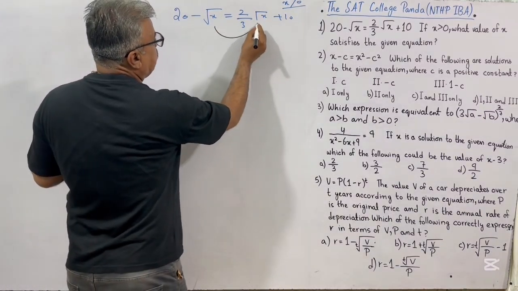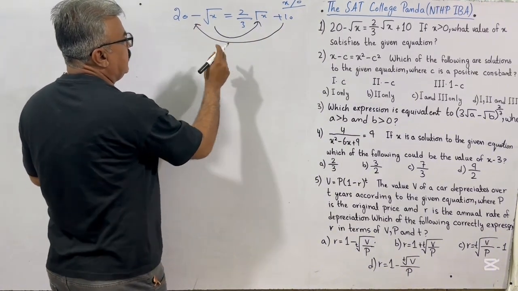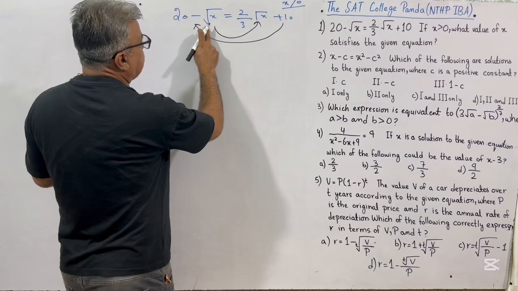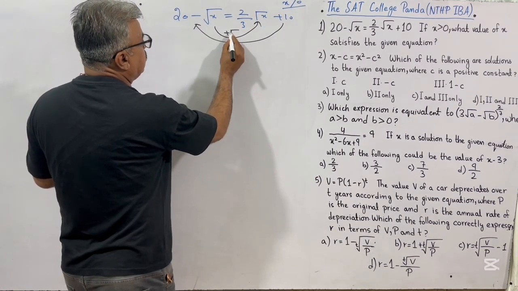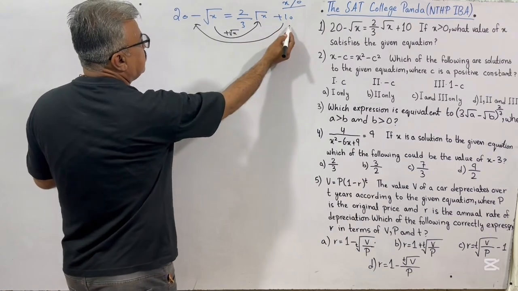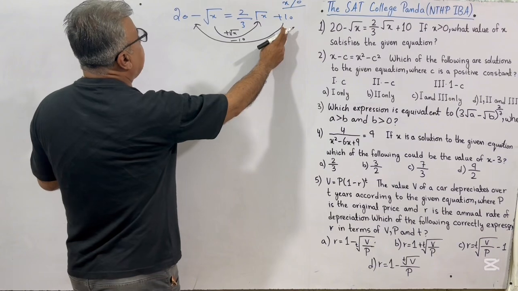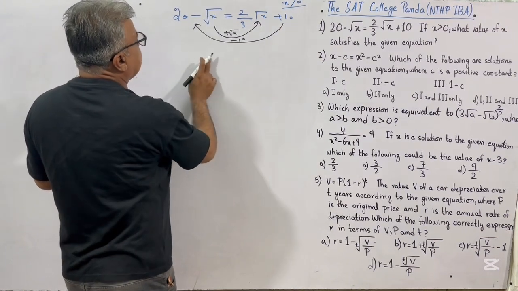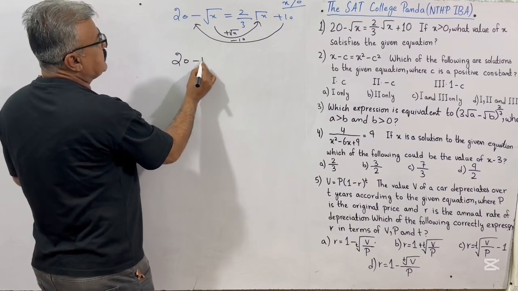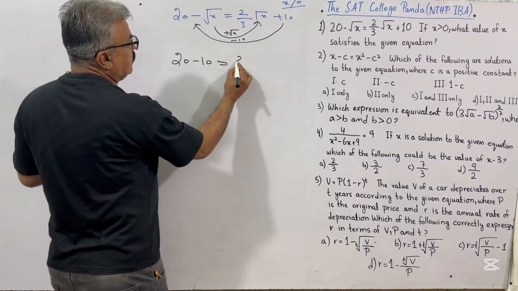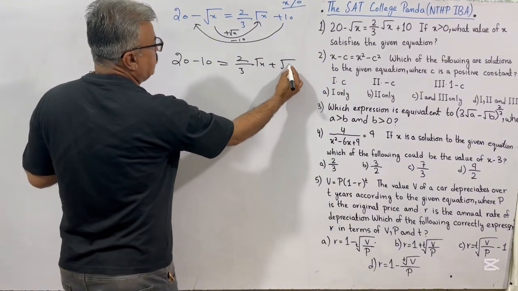Shift the square root on one side and the numbers on the other. This root x is leaving its position from left to right, so it will become positive root x on the right hand side, and this 10 from right to left will become negative. So we have 20 minus 10 is equal to 2 over 3 root x plus root x.